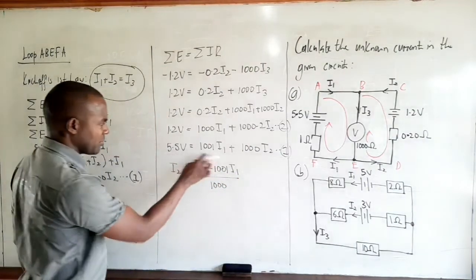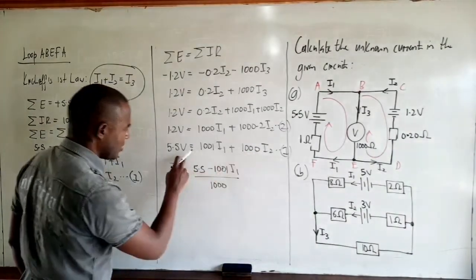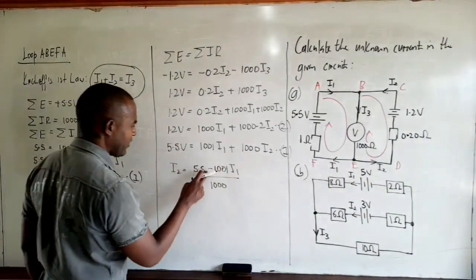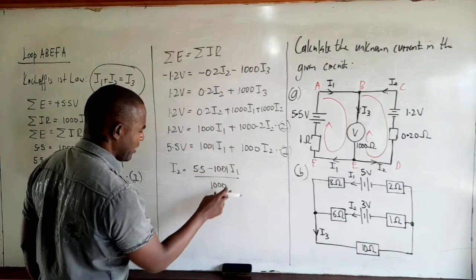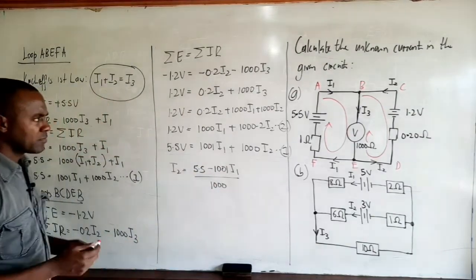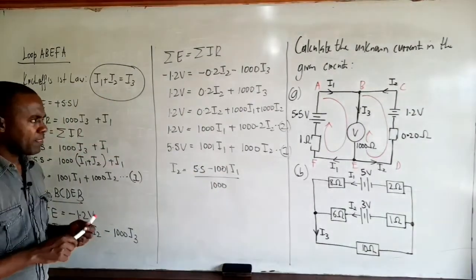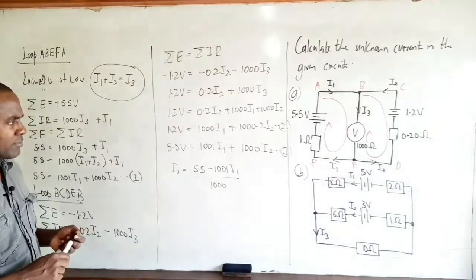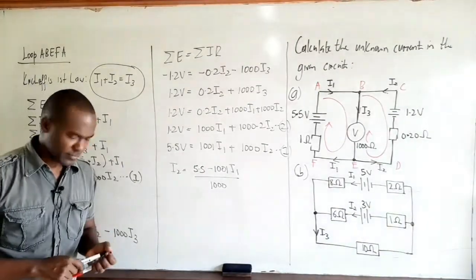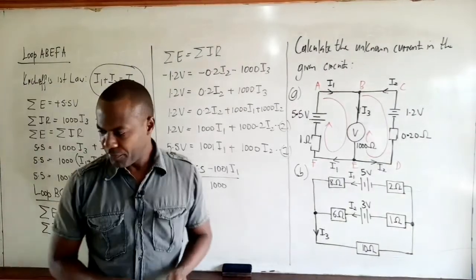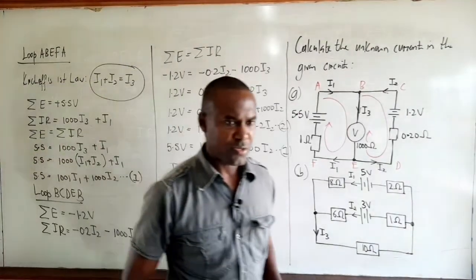Right? So we bring this over and then divide by 1000. So I2 is equal to 5.5 minus 1001 I1 divided by 1000. Right? And so we will proceed to solving these equations.